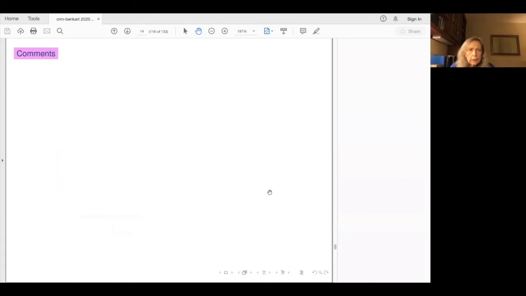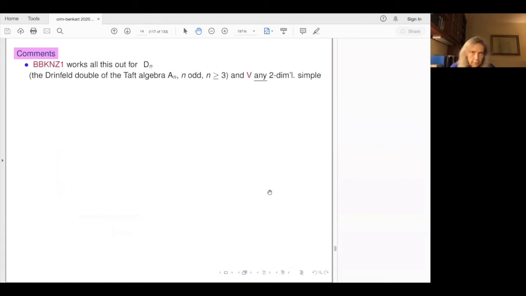I want to make some comments here. The joint paper that we did works all this out for the Drinfeld double of the Taft algebra, D_n. This is a Hopf algebra, and it has n two-dimensional simple modules, not just one.